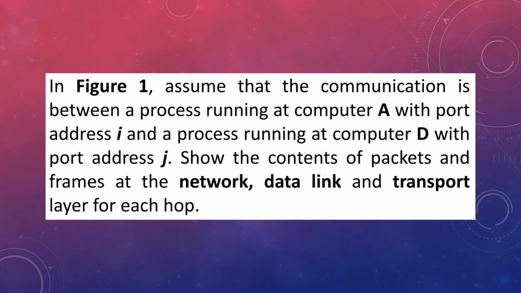Based on the question, there are two computers, A and D, trying to communicate through port addresses I and J. Computer A has physical address 40 and D is 80. There are also a router and LAN 1 and LAN 2 that need to be interconnected to send the message.